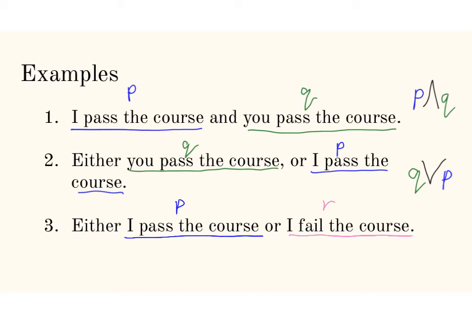So I'll call that R. And as we mentioned, this is an example of exclusive OR. So I'm going to put P exclusive OR R. And that's how we translate that third example into symbols.